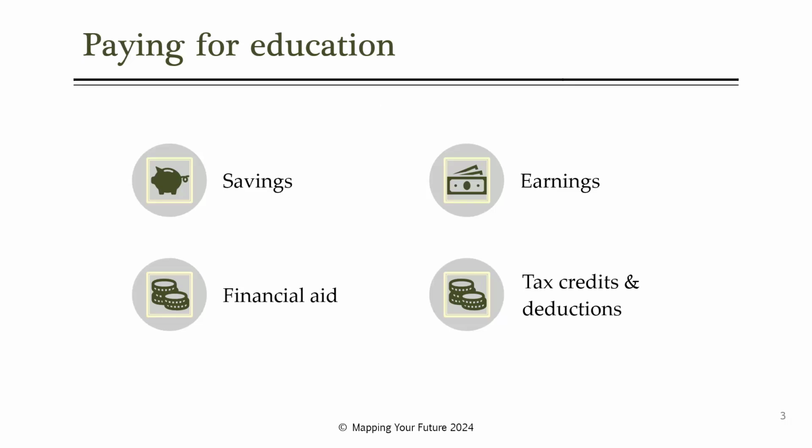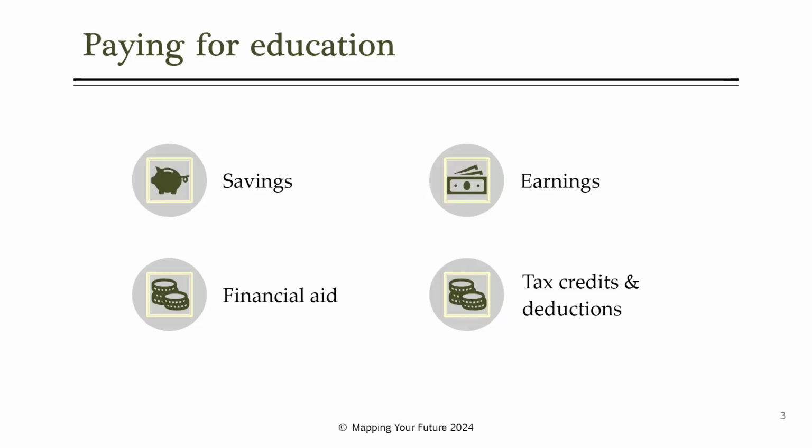So first off, paying for education. Most people use the following resources to pay for college. First, we have savings accounts. These can be from the student and or the parent. We have cash and earnings, which can include the current salaries or wages of a student or parent.